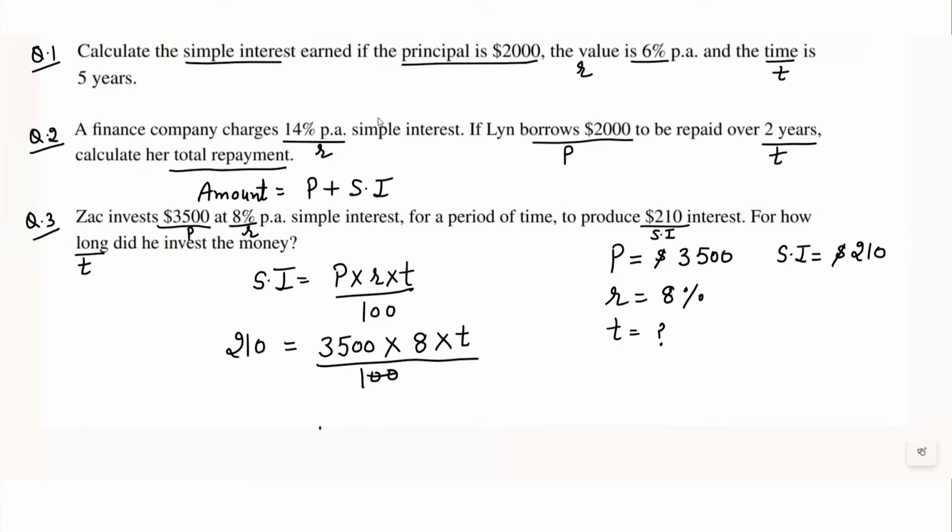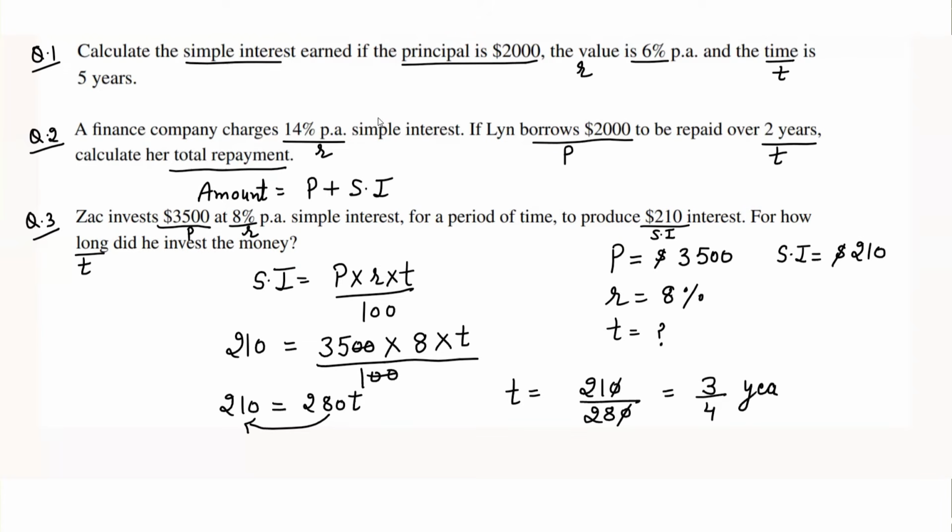We will simplify this. Then we'll get 210 equals 280T. Now it's a simple linear equation. We have to solve it. So we will take this 280 to this side. So we'll get T equals 210 over 280. If I simplify it, I will get 3 over 4 years.